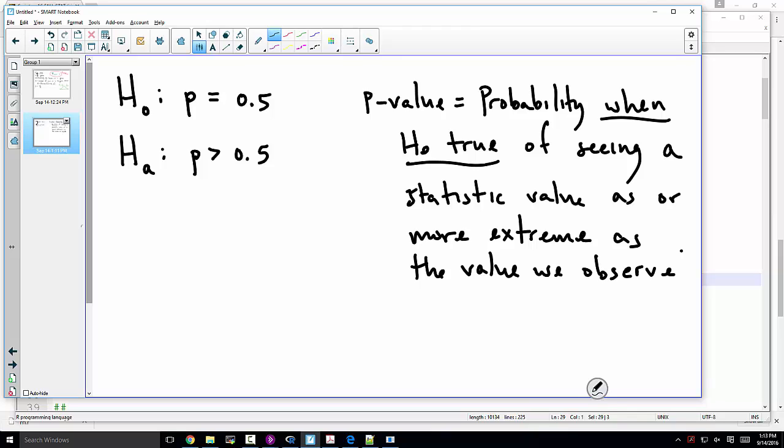So we observed, in this case, a statistic value of 9 out of 16. How likely would it be to see 9 or more if the null is true? And what we just figured out is that the p-value is about 0.4.